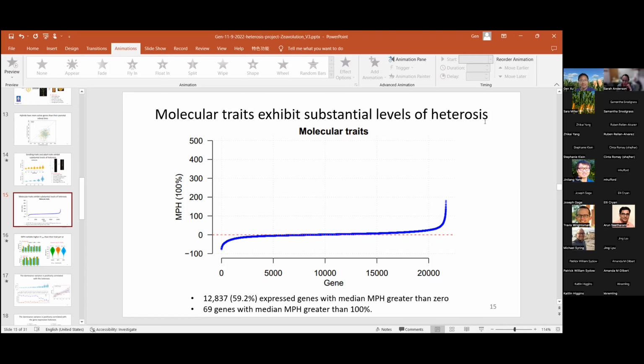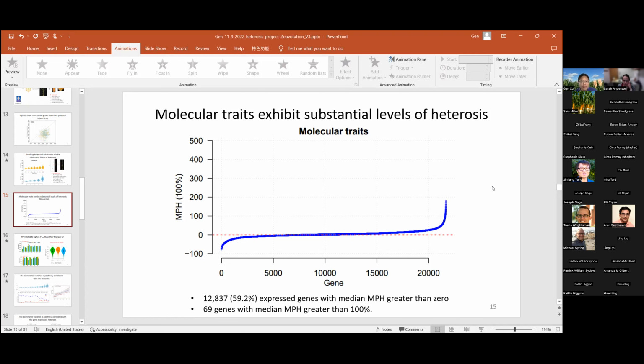So overexpression does not necessarily contribute to heterosis, even if the gene expression is high. For the extreme genes, like the 96 genes that have a mid-parent heterosis way above 100%, those may not contribute to heterosis.